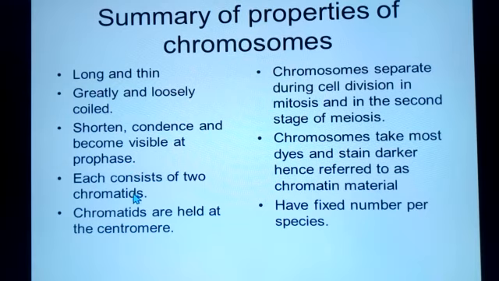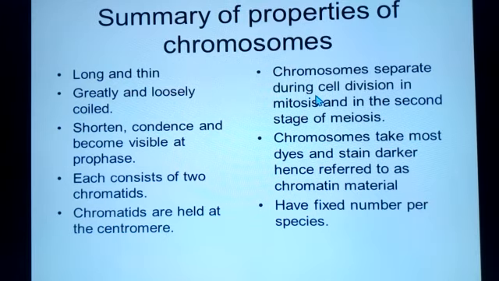Number four, they consist of two chromatids. Remember, the chromatids are the ones that form the arms. There are longer arms, there are shorter arms. The longer arms are represented by Q, the shorter ones by P. Next, chromatids are held at the center by a structure that we refer to as a centromere.